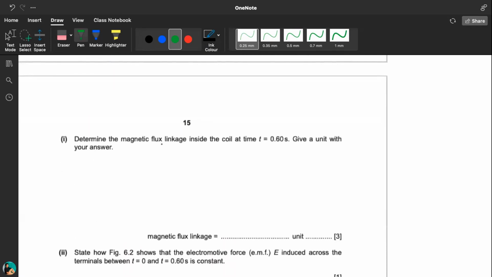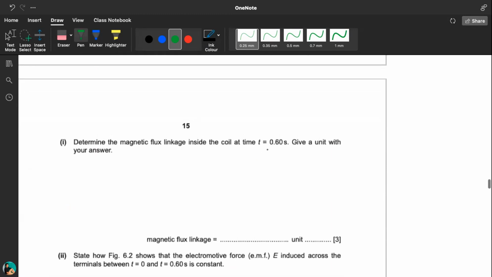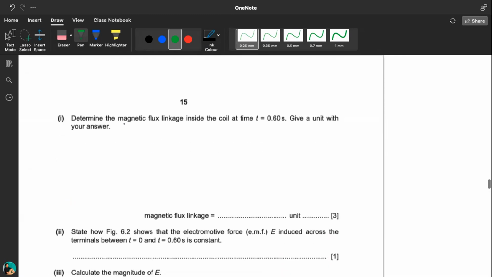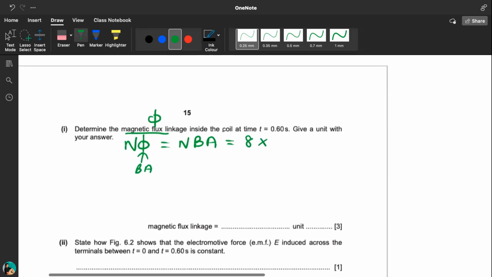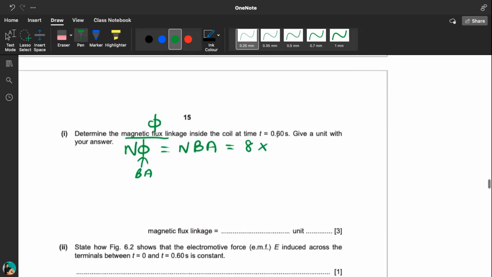Determine the magnetic flux linkage inside the coil at time t equals 0.6 seconds. Magnetic flux linkage, so N phi. Magnetic flux is phi, so for linkage, you just add the number of turns. So N phi equals NBA, since this is BA, equals number of turns 8 times B inside the coil at time 0.6.